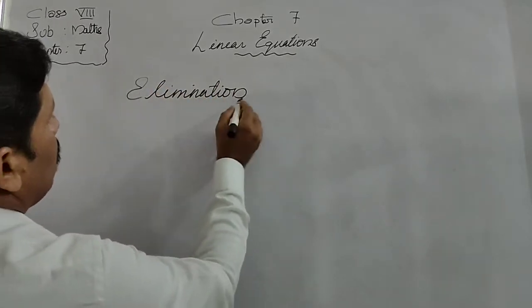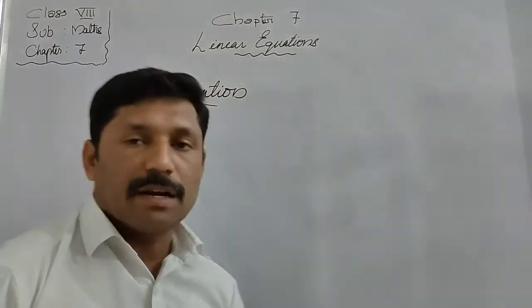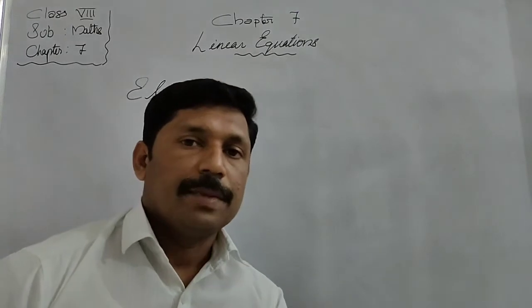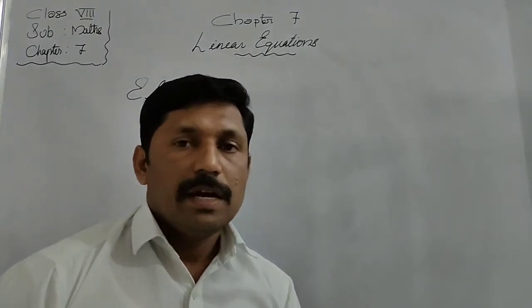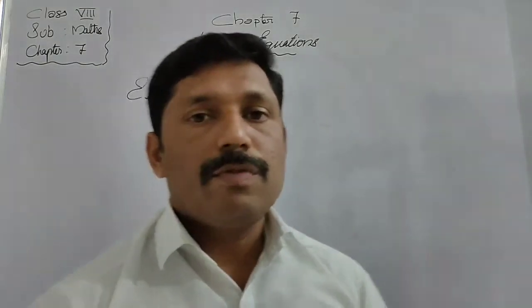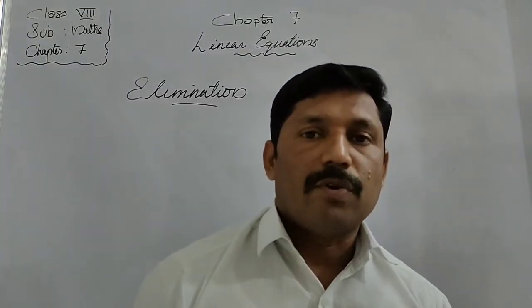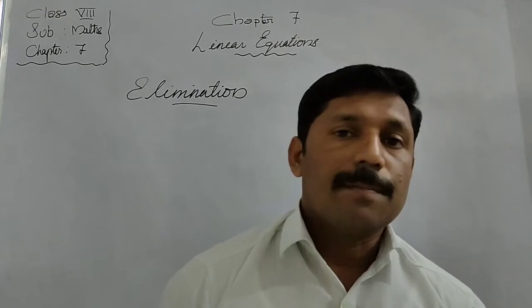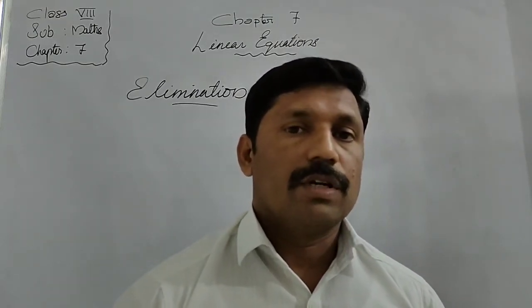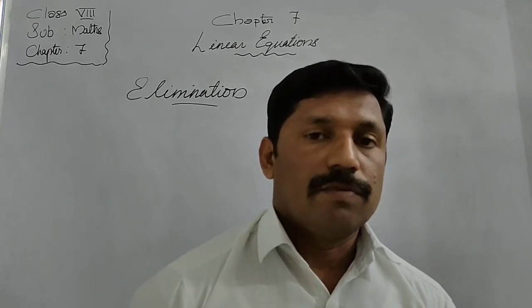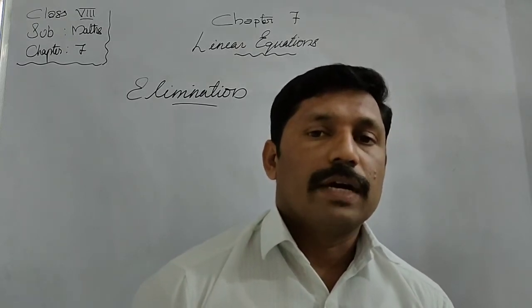The word meaning itself, you know, eliminate, avoid. Then how to find the solution to an equation using the elimination method? In the elimination method, we want to eliminate or avoid or remove some numbers from both LHS and RHS in order to get the value of the variable. That method is called the elimination method.